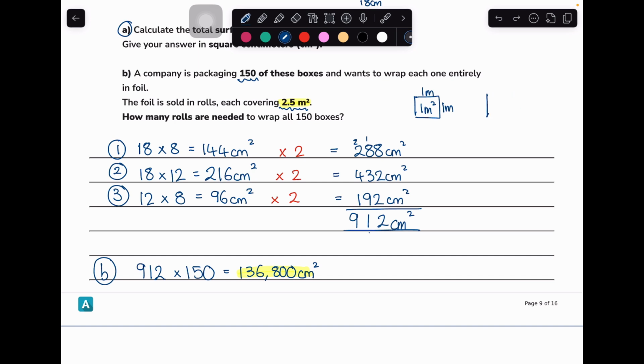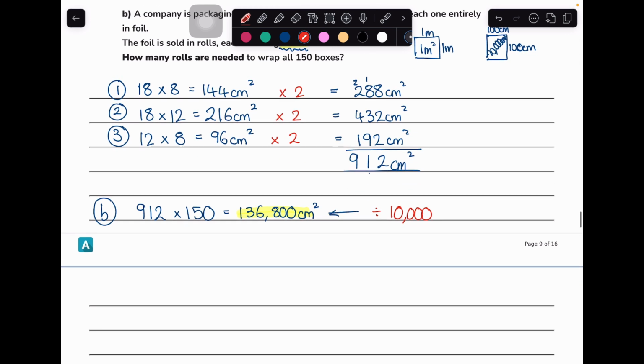If I did the same for centimeters, it would be 100 centimeters multiplied by 100 centimeters, which is 10,000 centimeters squared. Okay, so to convert this answer into meters squared, I need to divide it by 10,000.